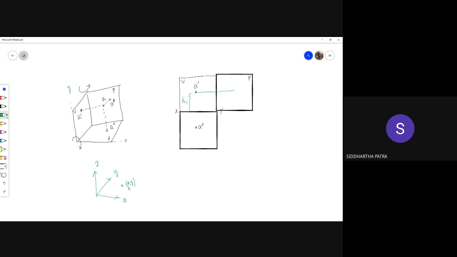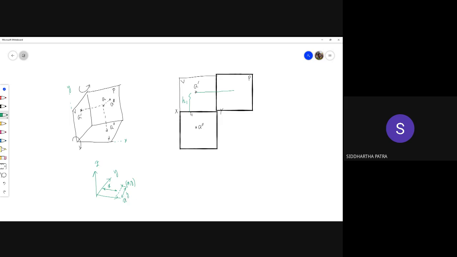So what does the x coordinate represent? This distance is the x coordinate, and that represents the distance from the yz plane. And the y coordinate essentially represents the distance from the xz plane.